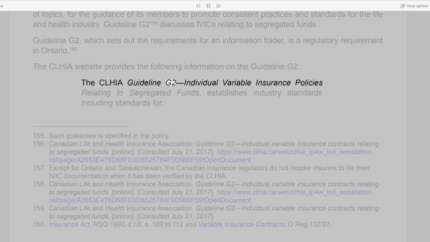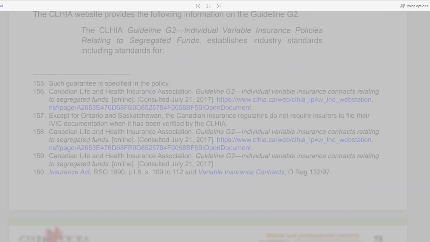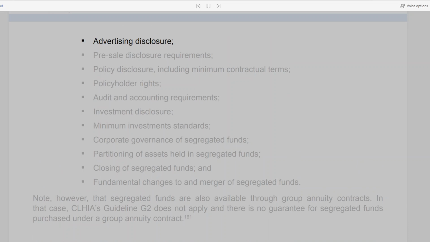The CLHIA Guideline G2, Individual Variable Insurance Policies Relating to Segregated Funds, establishes industry standards including standards for: Advertising Disclosure, Presale Disclosure Requirements, Policy Disclosure, including minimum contractual terms, Policyholder Rights, Audit and Accounting Requirements, Investment Disclosure, Minimum Investment Standards, Corporate Governance of Segregated Funds, Partitioning of Assets Held in Segregated Funds, Closing of Segregated Funds, and Fundamental Changes to and Merger of Segregated Funds.